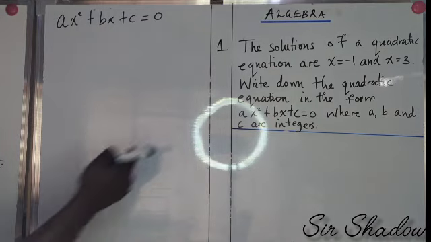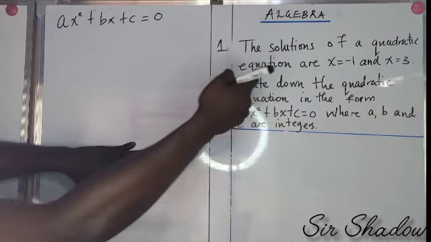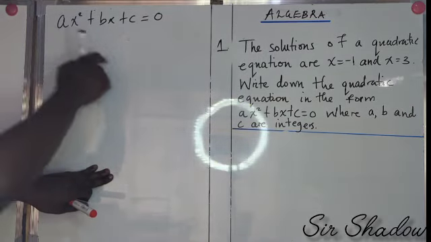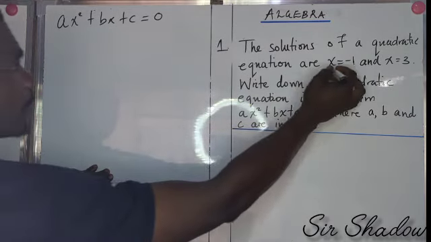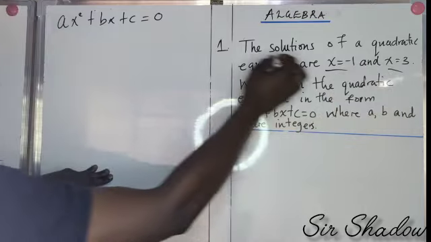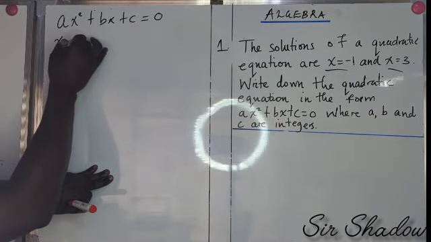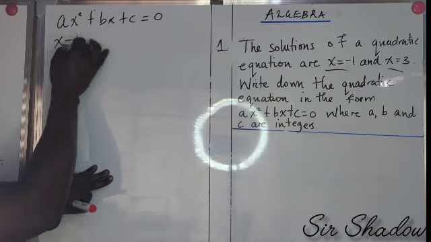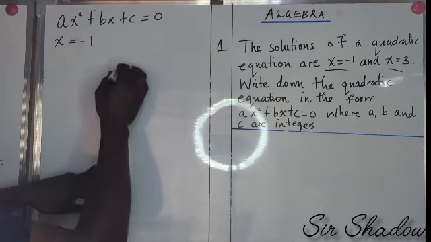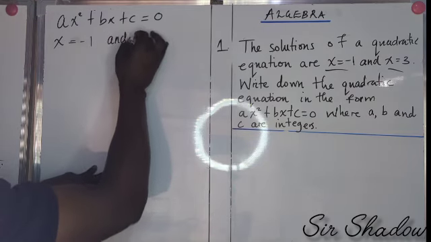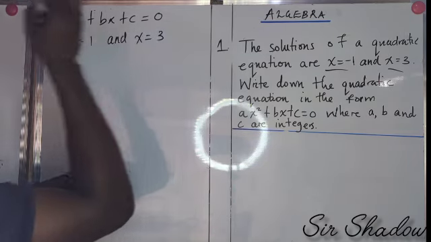So for you to come up with the quadratic equation with those solutions in this form, you have to write what we are given: x equals -1, and also x equals 3.